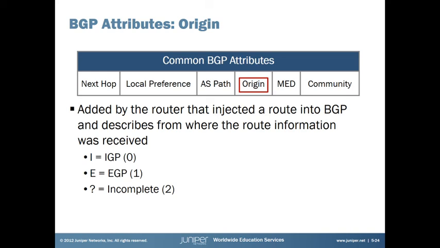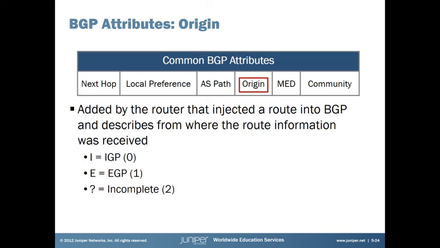Okay, so the IGP, well, that would be relatively common. It would have either got it from a static route, an aggregate route, from OSPF, from ISIS, or some other IGP. That is probably the usual way. E is actually a redundant attribute.